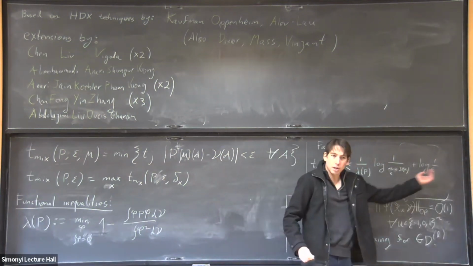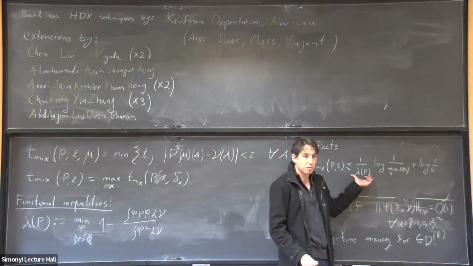So for epsilon constant, what you care about is 1 over this.